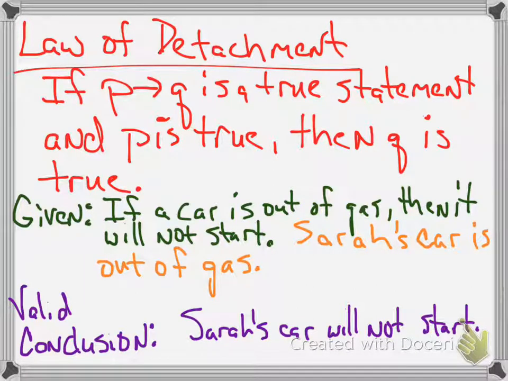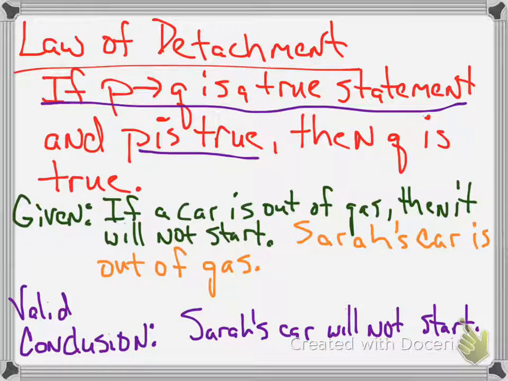Here's a given. Notice how you always have to be given something to prove. If a car is out of gas, then it will not start. Sarah's car is out of gas. This green part is that whole general statement. Then this part about Sarah's car in orange is the P, assuming that's true.